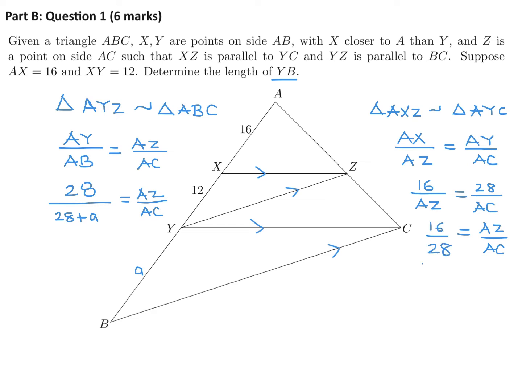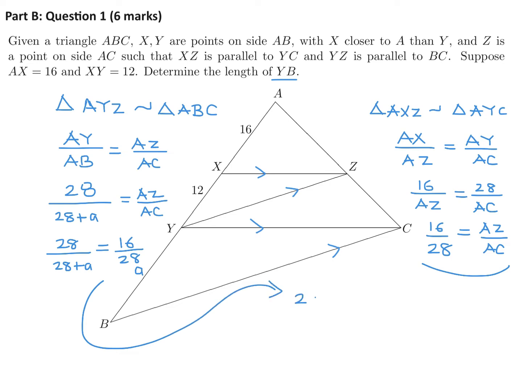So this finding is what we can substitute here. That means AZ over AC is 16 over 28. There we go, that will allow me to solve for A. Let's do it over here. So cross multiply, I guess. So 28 squared is equal to 16 times (28 plus A), which is 16 times 28 plus 16A.